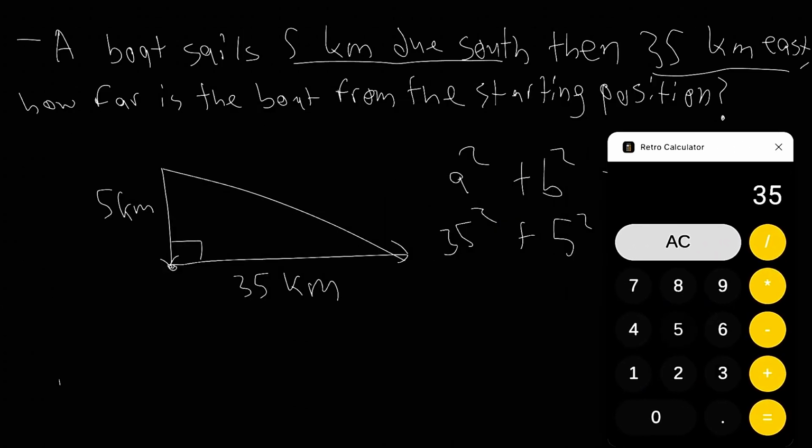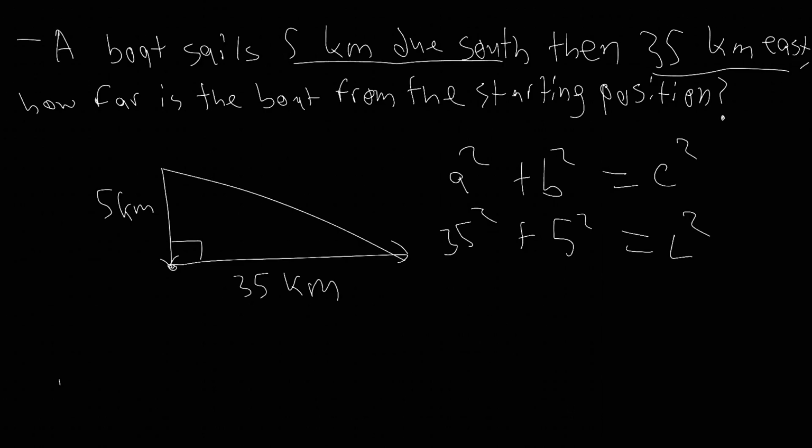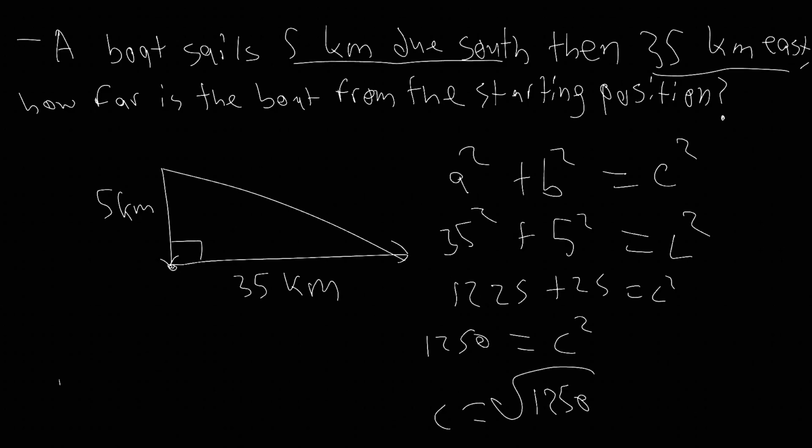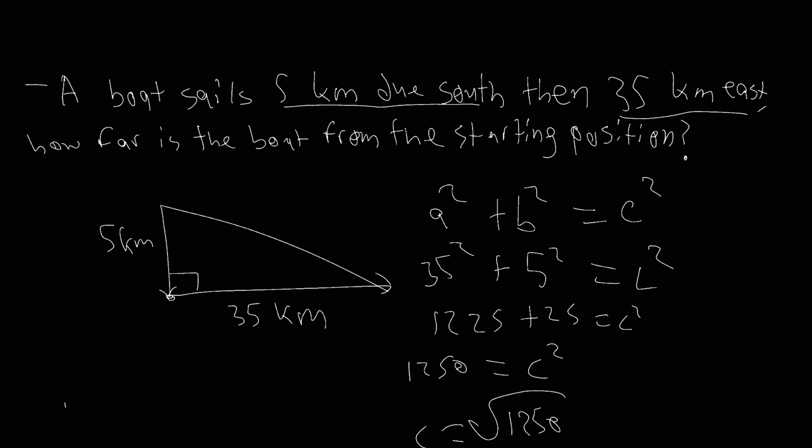So 35 times 35 gives me 1,225. So 1,225 plus 5 squared, which is 25, is equal to c squared. So 1,225 plus 25 gives me 1,250, and all of that is equal to c squared. So how far the boat is from the starting position is root 1250, and that is my final answer.